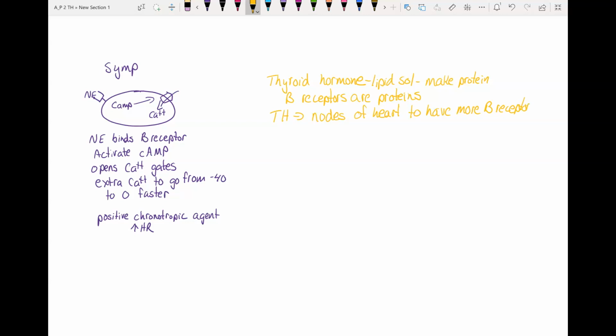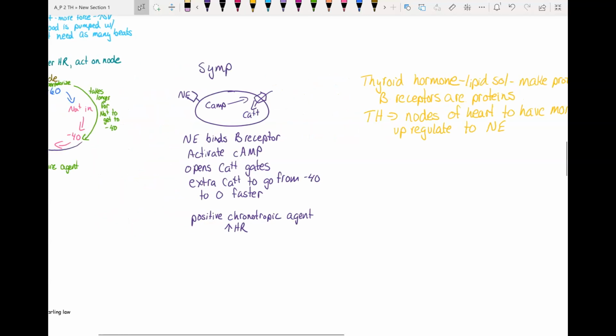So they're upregulating. Remember in chapter 17, cells can change their number of receptors, upregulate or downregulate. So thyroid hormone makes your heart upregulate to norepinephrine. So when you have thyroid hormone, you're going to have more beta receptors.